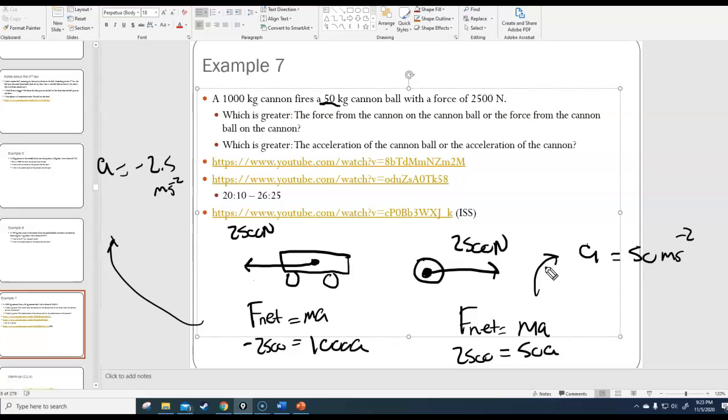And so the cannonball is going to have a much greater acceleration compared to the cannon, which is why the cannonball flies out of the cannon, and the cannon goes backwards, it does recoil, but it doesn't recoil as much. So don't confuse equal and opposite forces with equal outcomes. They both have the same force acting on them, but not the same outcome. The cannonball flies out way faster than the cannon. The cannon goes backwards because of the recoil.